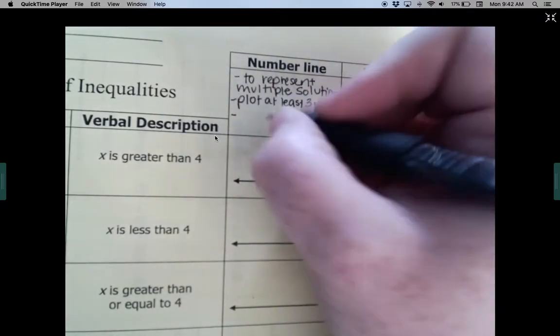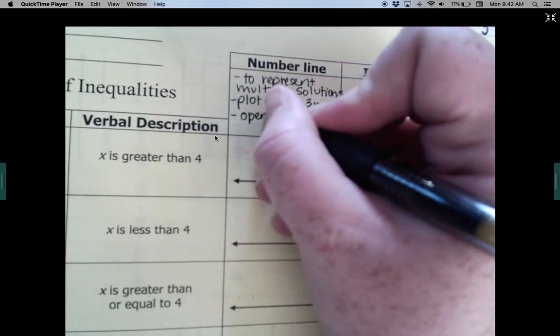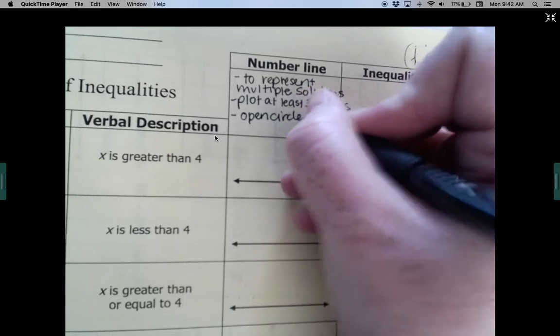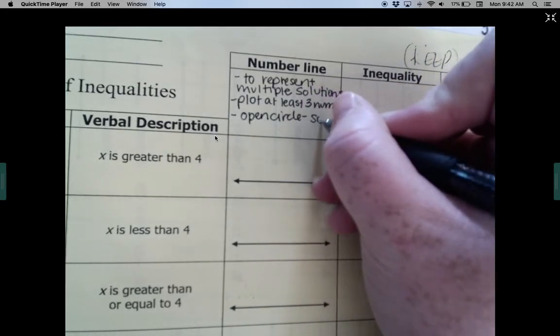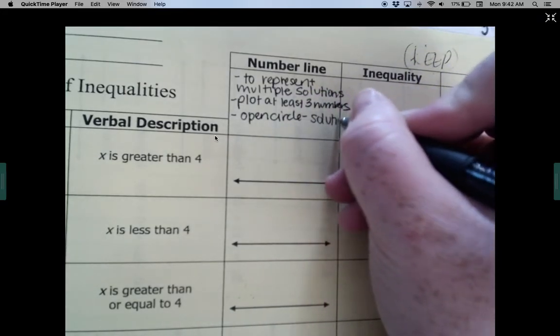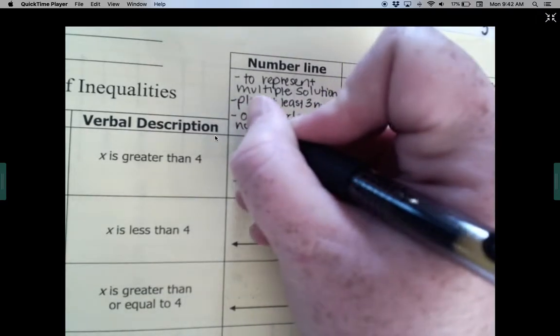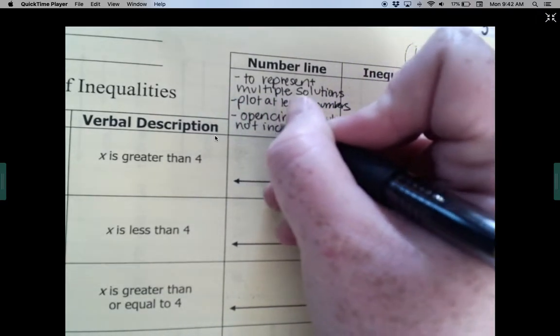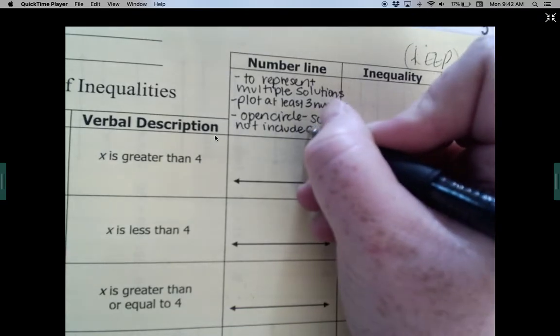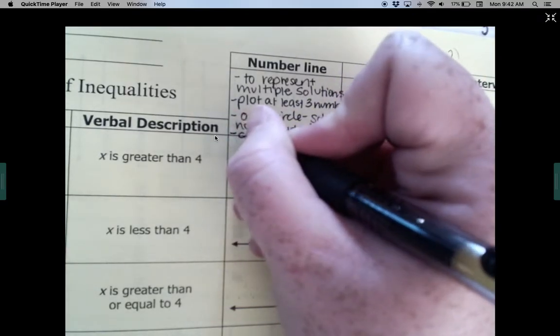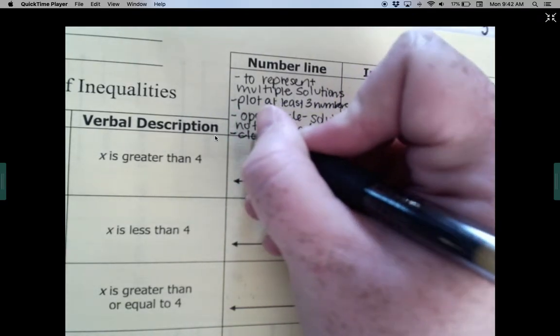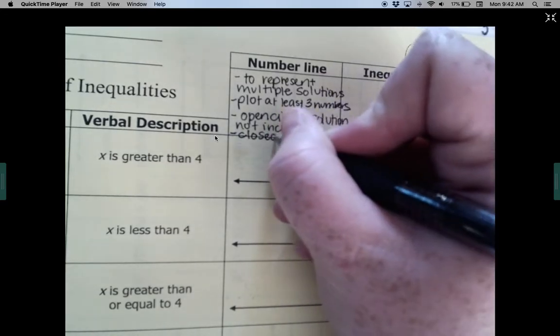You could have an open circle, which means the solution is not included. And you could have a closed circle, which I'll show you what that means. We'll give an example of both.